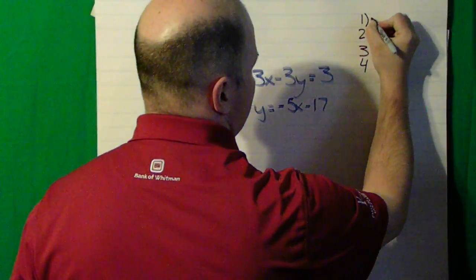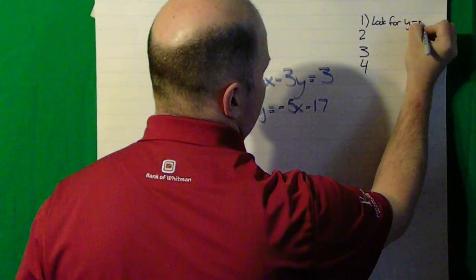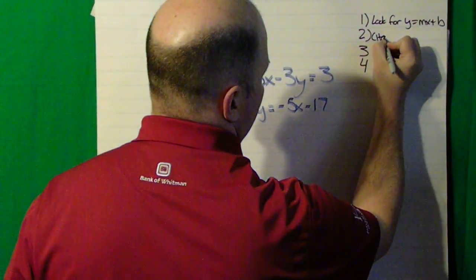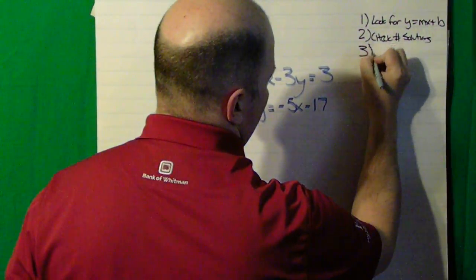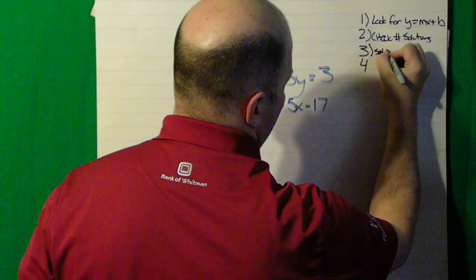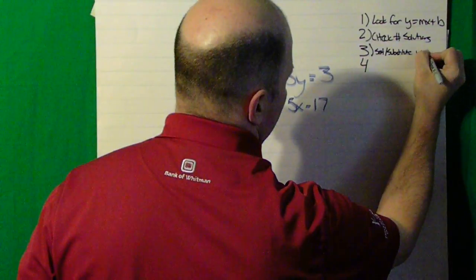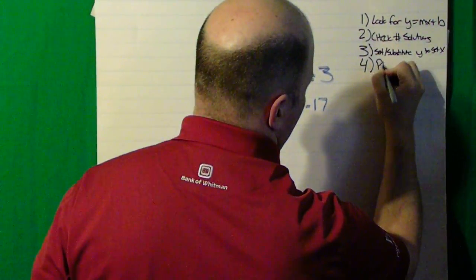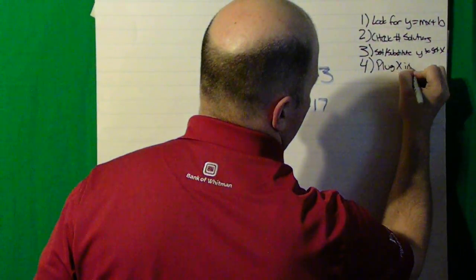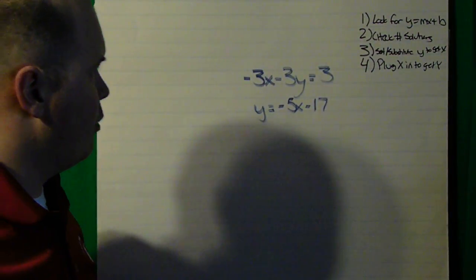Step 1, I'm going to look for slope-intercept form. 2, I'm going to check my number of solutions. 3, I'm going to set/substitute y to get x, and then I'm going to plug x in to get y. Okay, those are what we're going to do here.